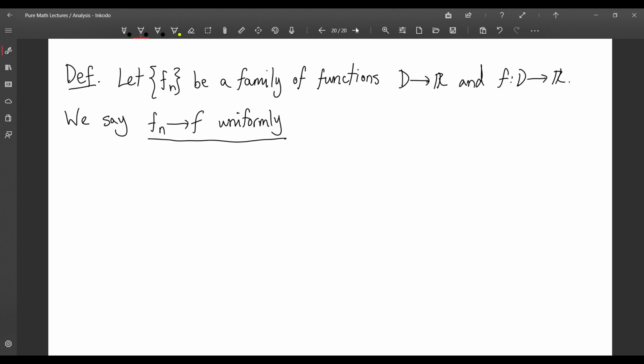These two parts are part of the definition. If the sequence of real numbers, I guess I should specify that these are bounded for this to make sense, if the sup norm of the difference f sub n minus f, this is a sequence of real numbers, converges to 0. Okay.